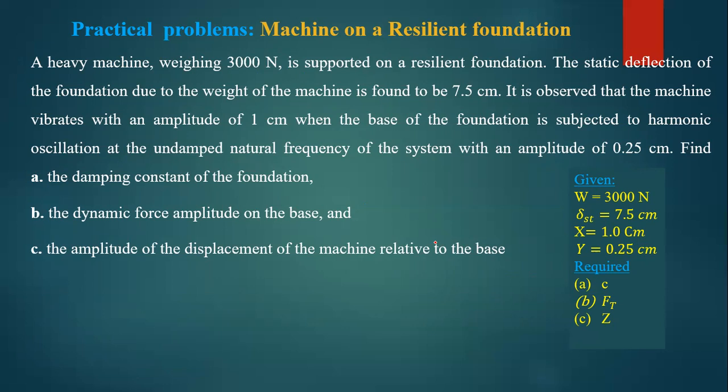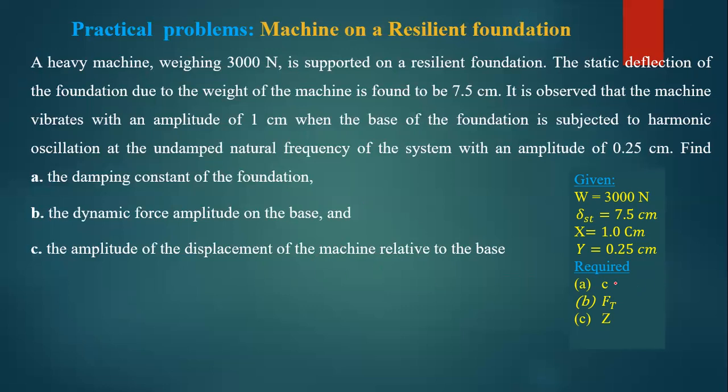When we say undamped natural frequency, that is the resonance condition. Find the damping constant of the foundation, the dynamic force amplitude on the base, and the amplitude of the displacement of the machine relative to the base.